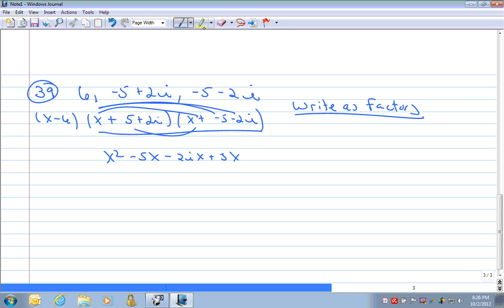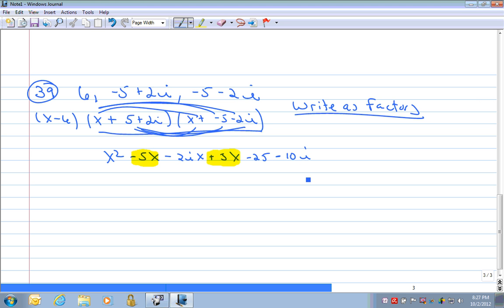Immediately I'm going to mark out the negative 5x and the positive 5x. Those really just are going to go away. And then we have 5 times negative 5, that's negative 25, and 5 times negative 2i, which is negative 10i.